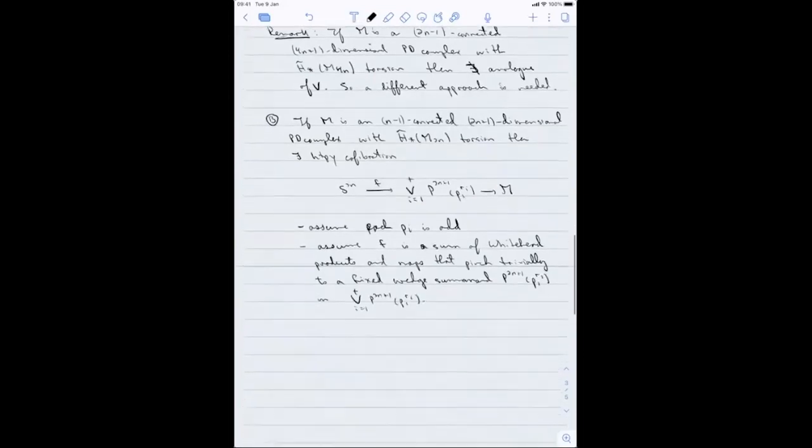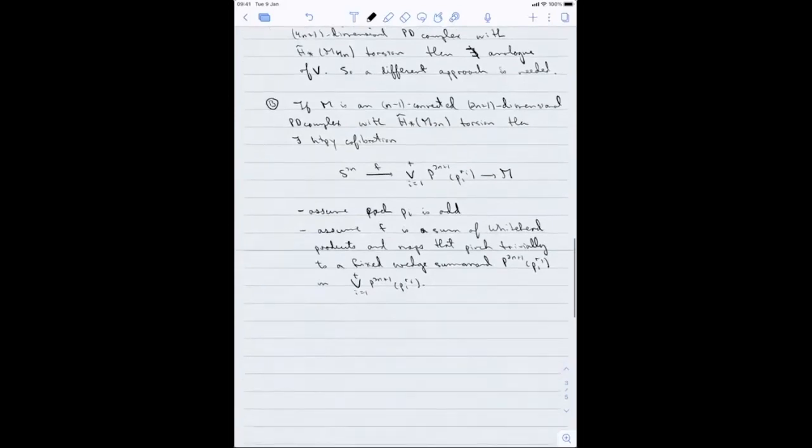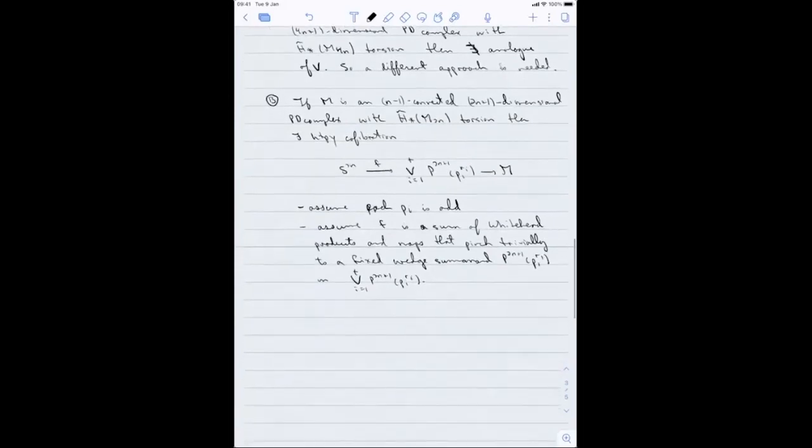So we need a different approach here. The data we'll use for theorem A: start with this cofibration.